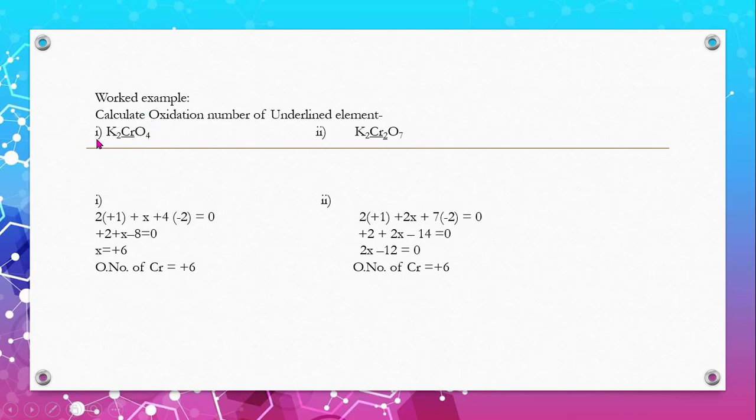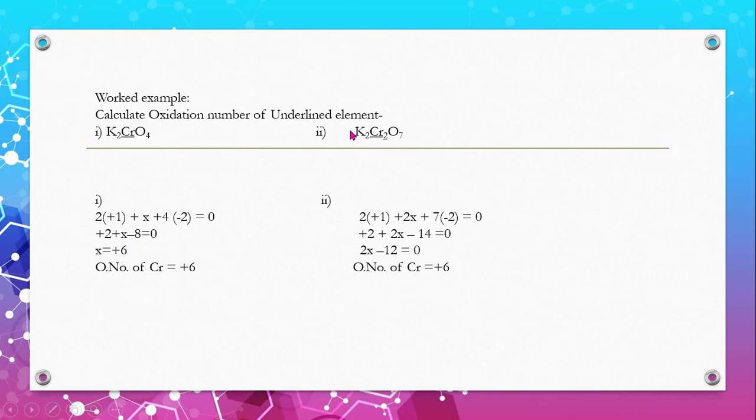This is a neutral compound, there's no charge, so the sum of the oxidation numbers will be equal to 0. So 2 potassium plus X plus 4 oxygens will add up to 0. When you solve for X, you'll get +6. Remember to always put that plus sign, even though it's positive, we need the plus.